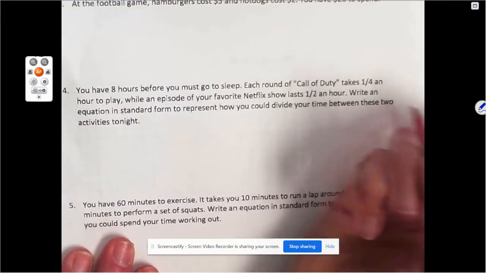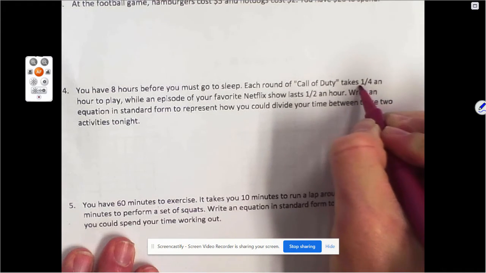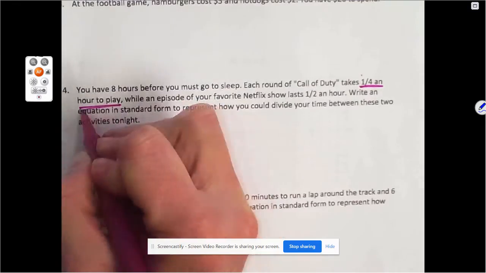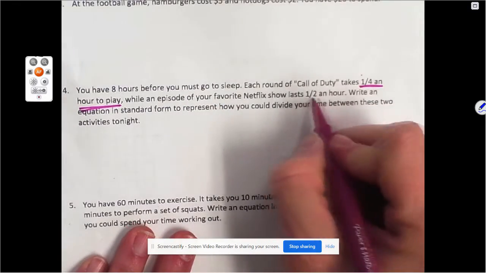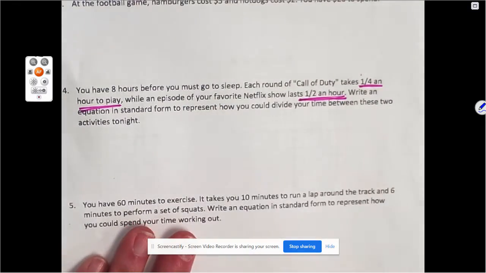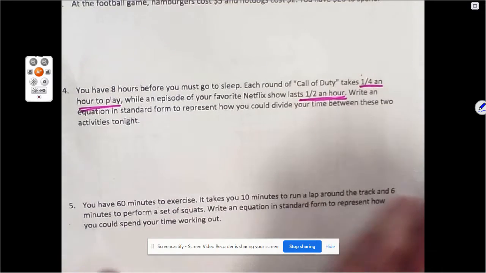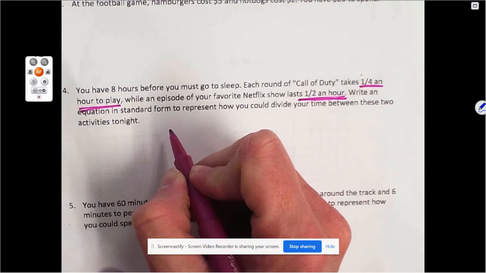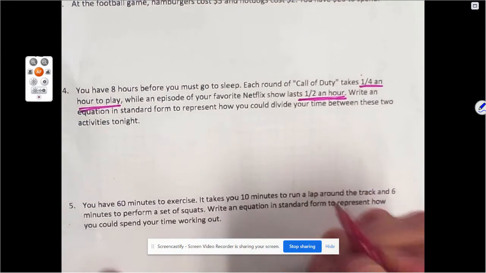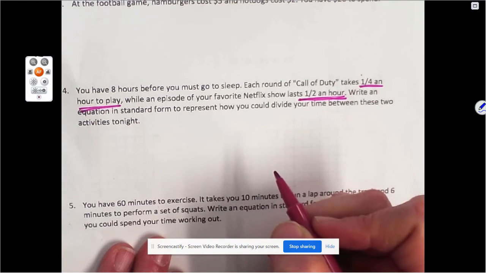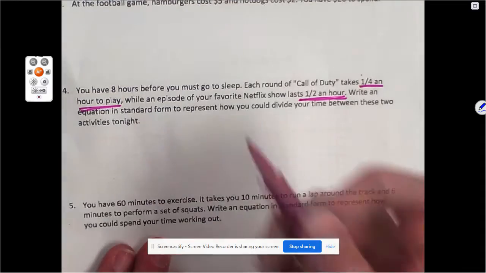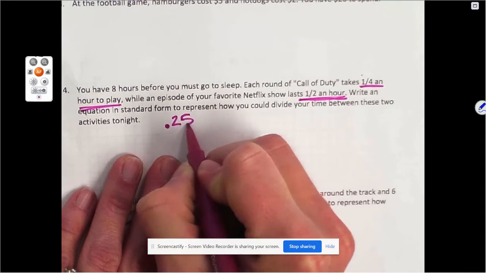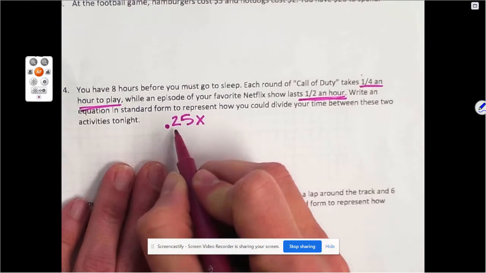But here's a slope, 1/4 an hour to play, and the other one is 1/2 of an hour to play. Okay, so you had 2 ways you could do this. 1/4 is also 0.25.